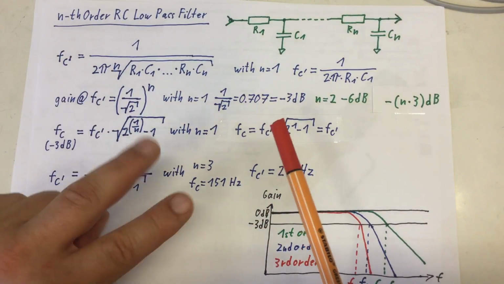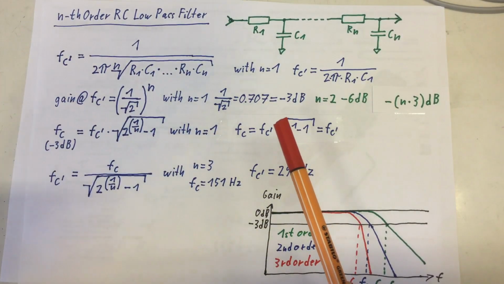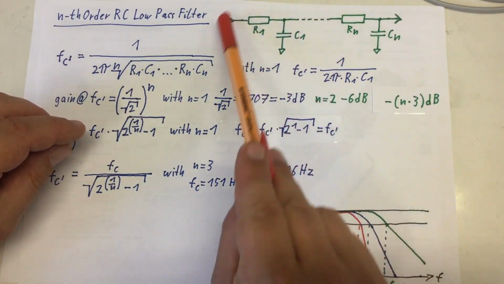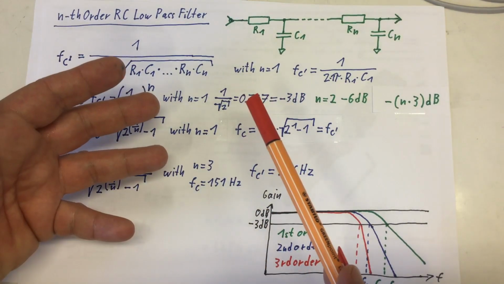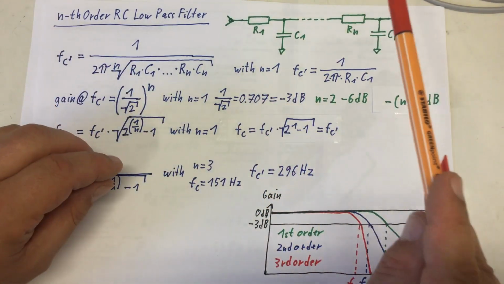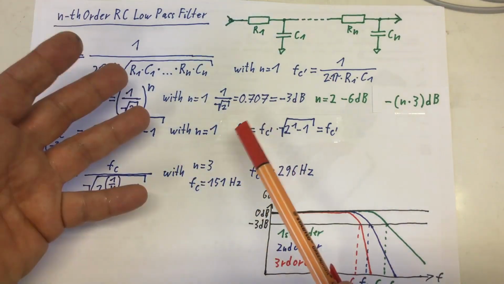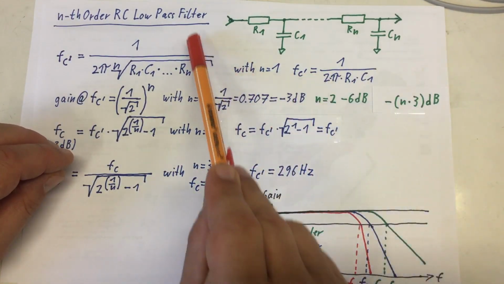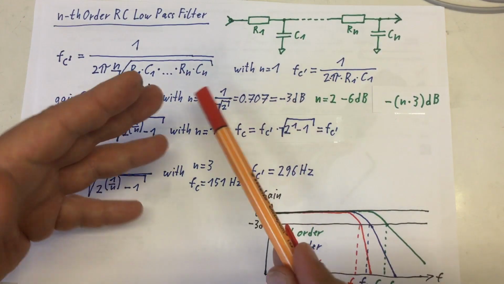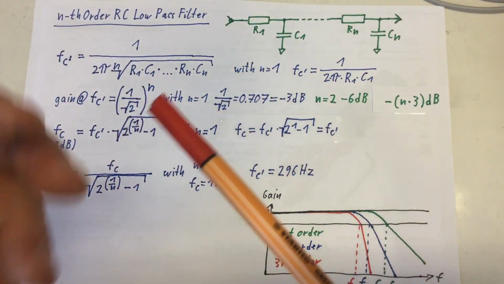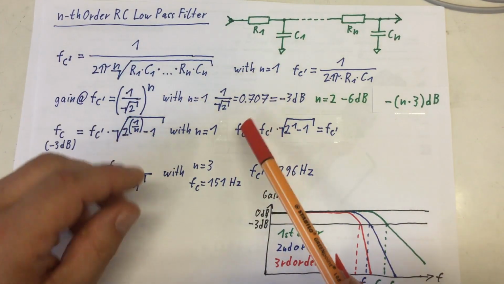In theory, for example, for a second order filter, you could design the first element to have a cutoff frequency of 10 Hz and the second element to have a cutoff frequency of 1000 Hz, and the filter as a whole would have a cutoff frequency of 100 Hz.